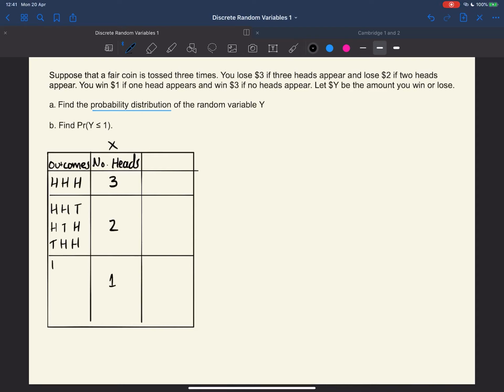Let's try it. Heads, the rest must be tails. Tails, heads, tails. Tails, tails, heads. They are the combinations of generating 1 head by flipping a coin 3 times. And there is one combination of generating no heads at all, and that is obviously tails, tails, tails.